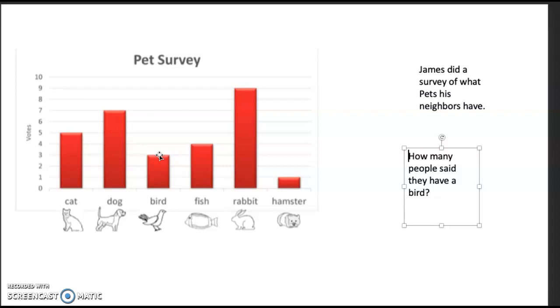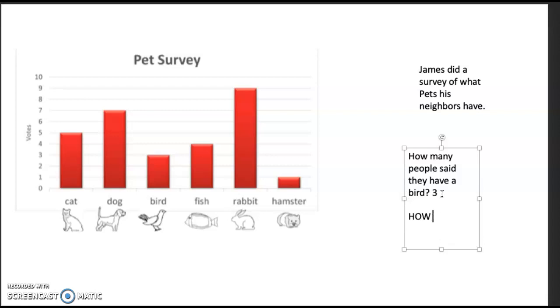So it looks like it's right here. Well, if I were to follow this bar graph all the way over here to the left side, I would see that it says that there were 3 votes. 3 votes. So it looks like 3 people voted that they have birds. Let's do one more together. I'm gonna write that down though.